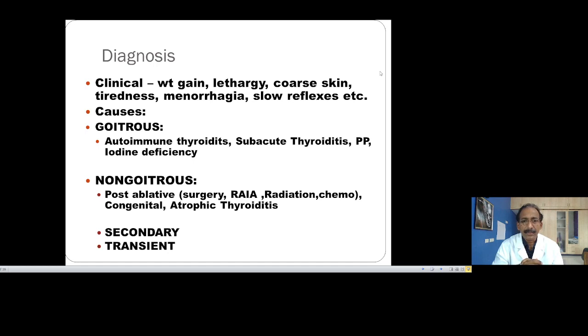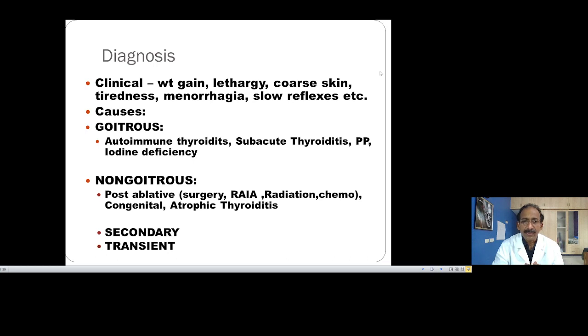So in the non-goitrous type, there may not be any neck swelling and no goiter, and it can follow a surgical removal or thyroidectomy or radioactive iodine ablation, radiation for head and neck malignancies, or chemotherapy. It can be congenital and sometimes diagnosed very late, even congenital hypothyroidism.